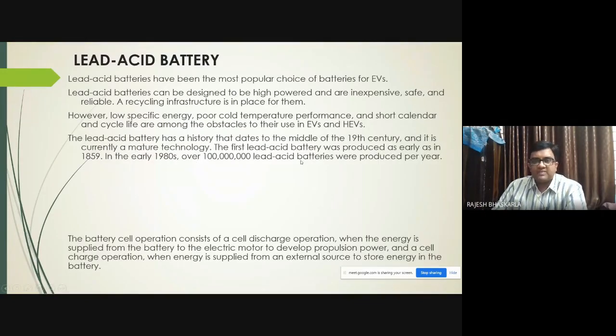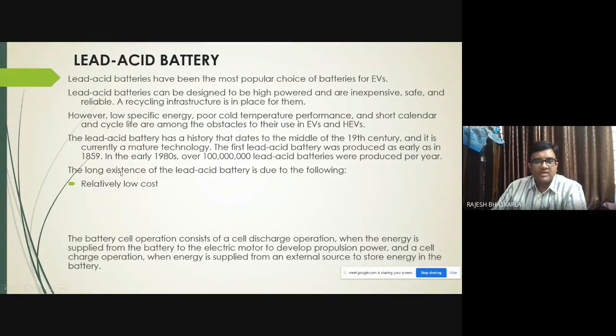So lead acid batteries have a lot of history. You know that in 1857 the lead acid battery was invented, and in 1859 the first rechargeable car with a lead acid battery came out. And in the 1980s, this many lead acid batteries were produced per year. So you can understand that the manufacturing rate of lead acid batteries is very high.